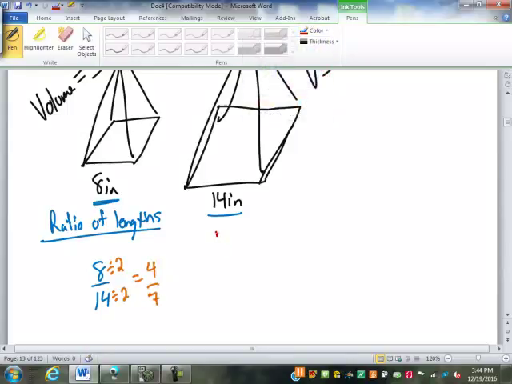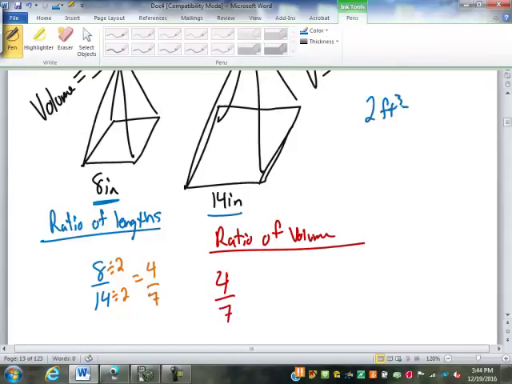So now for my ratio of volumes. It comes from that ratio of lengths, but now if you remember when I did like 2 cubic feet into cubic inches, what did I have to do to my linear conversion factor? I took 12 inches and I had to cube it to get 1,728 cubic inches in a cubic foot.